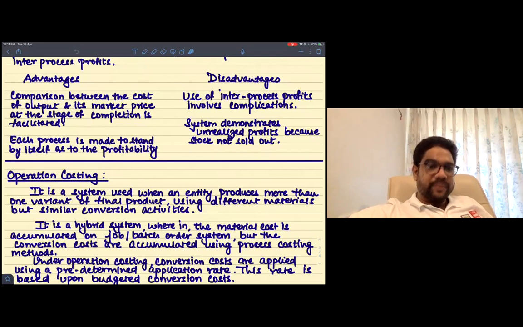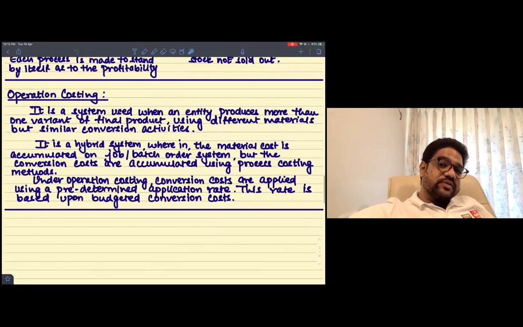Basically, it is mapped to how it is supposed to run, and each process is made to stand by itself as to the profitability. So each department makes its own profits. That becomes a little easier for us to understand what has been the performance for each process.